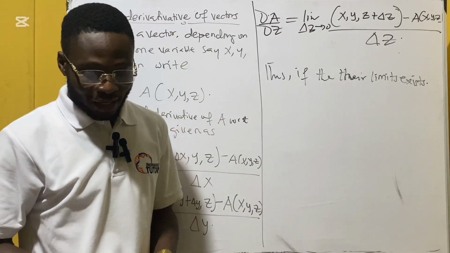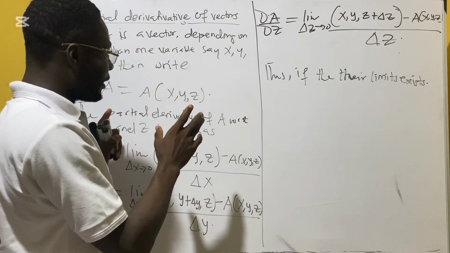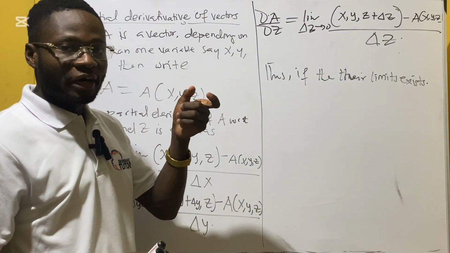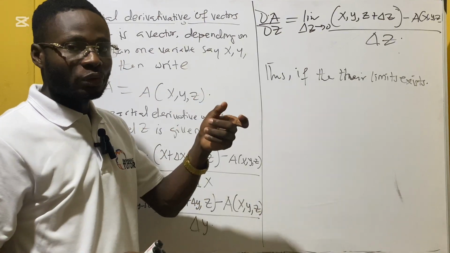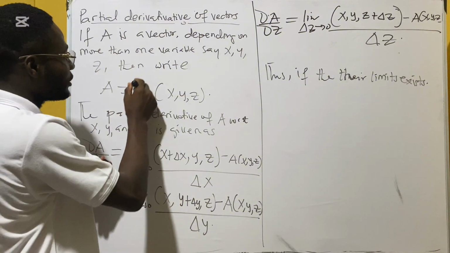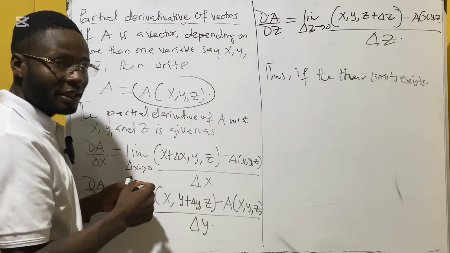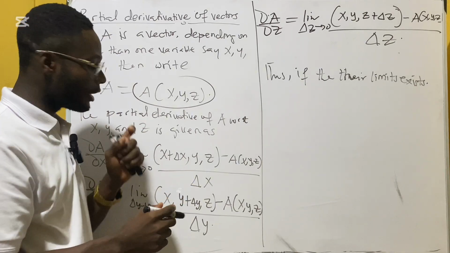So that is basically how you can differentiate a function of more than one variable with respect to each variable. When you differentiate with respect to one variable, you maintain the other variables as constant.